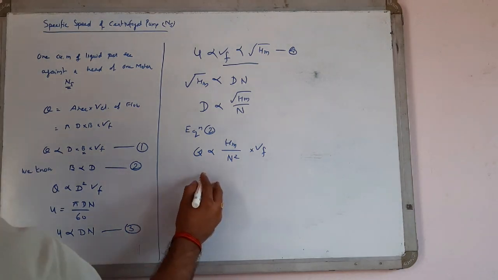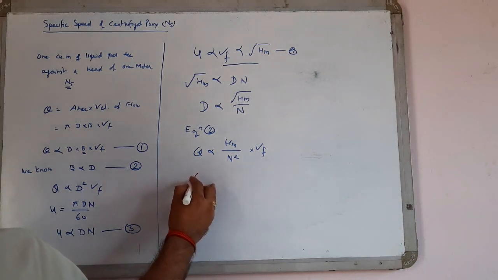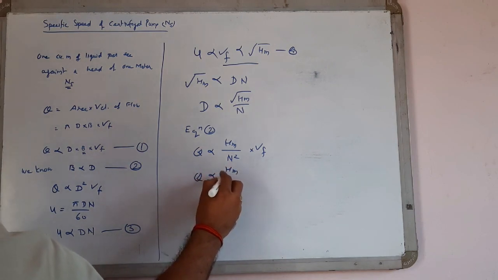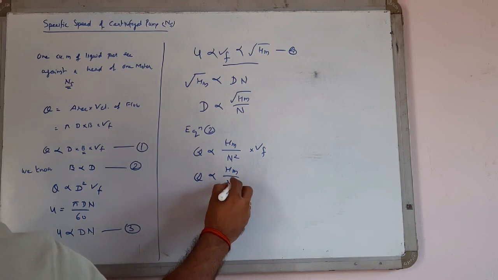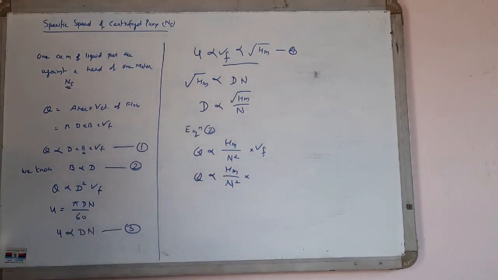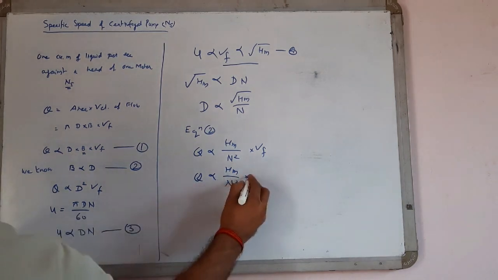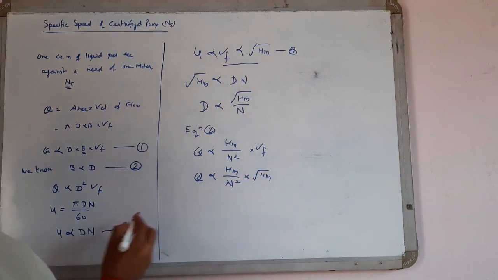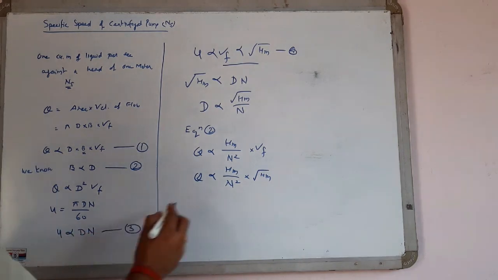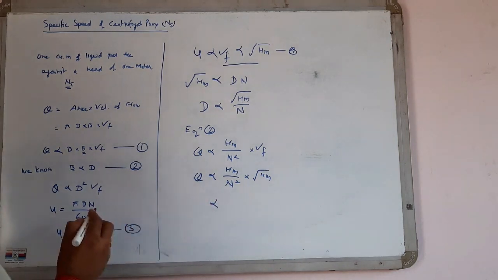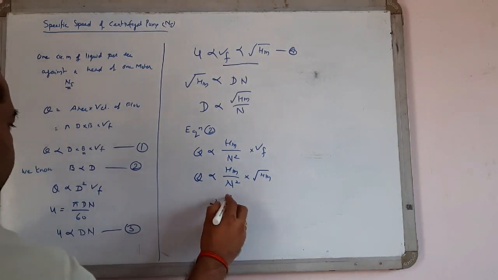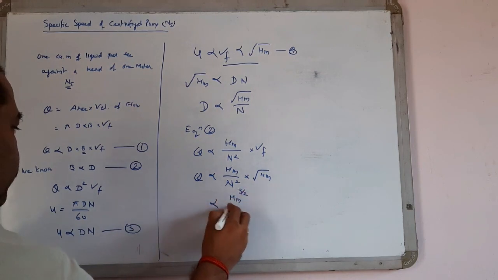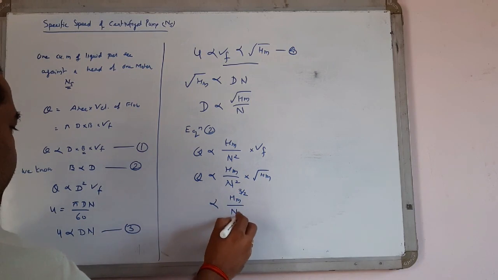So we can write Q is proportional to Hm by N square into root Hm. This can be written as Hm to the power 3 by 2 by N square.